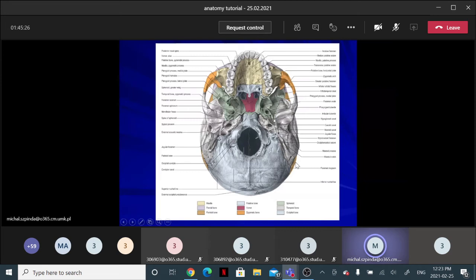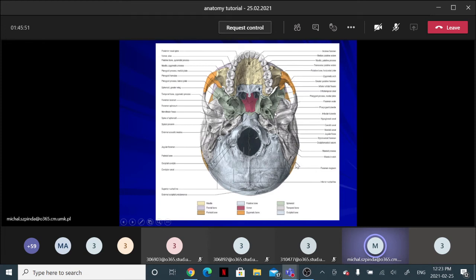It forms here the anterior root of the zygomatic process, and the mandibular fossa, which is a glenoid fossa, a socket for the mandibular head.